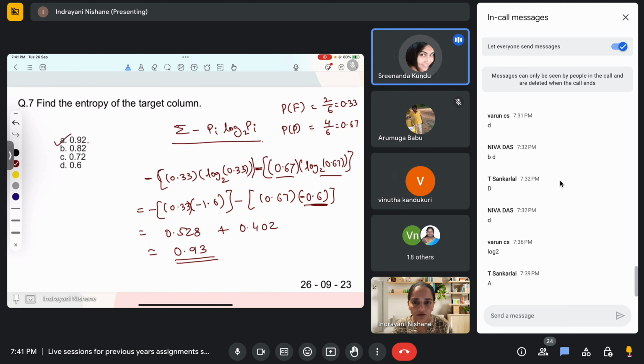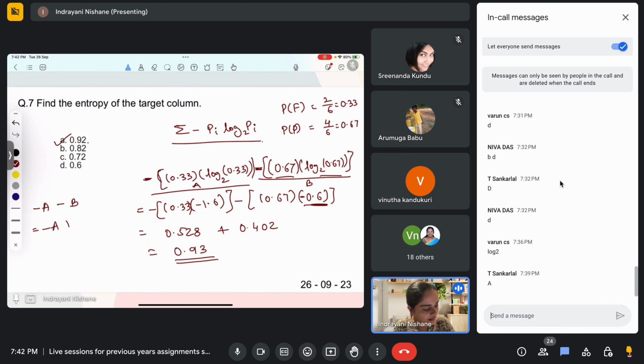And the minus sign, yeah, addition of negative values is as good as subtraction, so that's why there is this minus sign. If you call this term a and this term b, it is like minus a minus b. It can be written as minus a plus minus b, no?